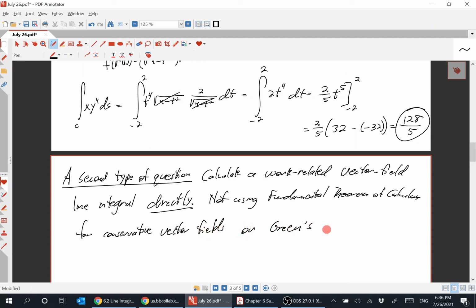Now, I'm not going to give you a problem which you could calculate using the fundamental theorem or Green's theorem. Okay, I'll give you one that essentially you can't apply them to, so the only thing you can do is just calculate it directly.